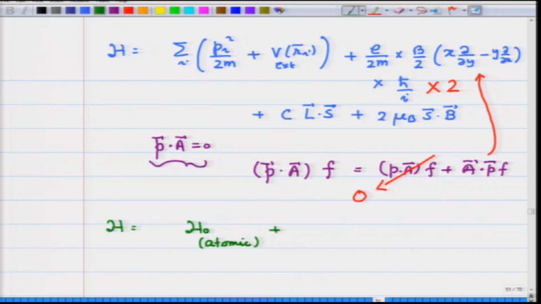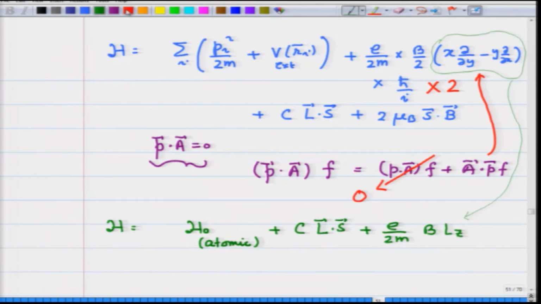Then I have the spin orbit coupling term C L dot S. Then I have plus e over 2m B L z, because this operator corresponds to L z along with h cross.